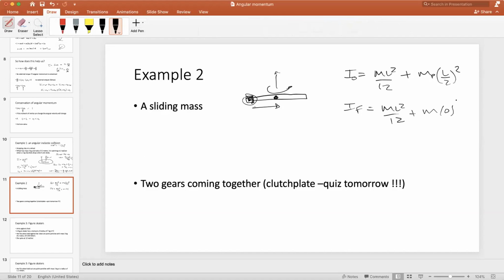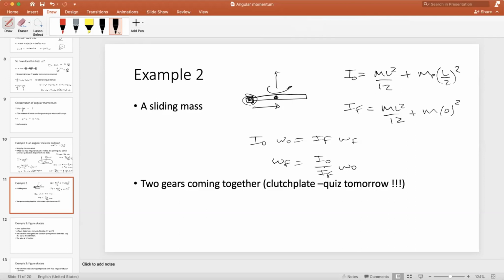It's at the axis. So essentially you decrease the moment of inertia by sliding this thing in as it spins around. And what happens is I initial omega initial equals I final omega final. And we see that omega final is I initial over I final times omega initial. This ratio is going to be greater than 1.